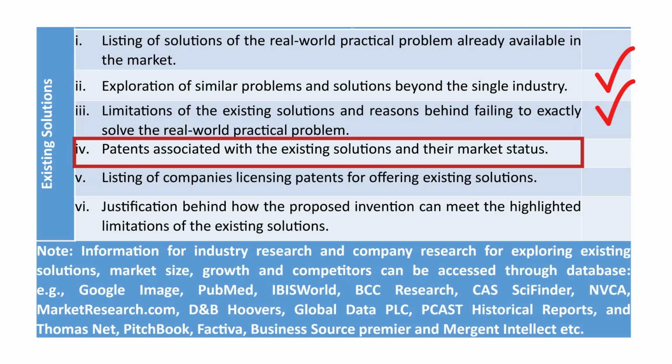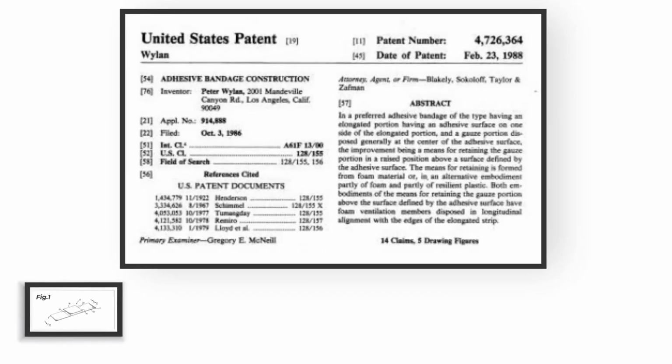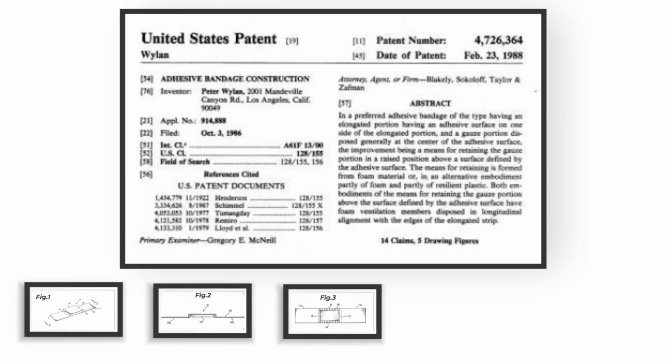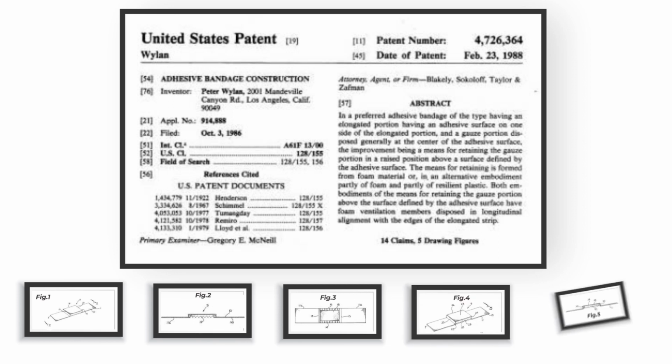Item number 4 of the LCI checklist 3 then talks about patents associated with the existing solutions and their market status. Well, let's again learn from these adhesive bandages. You can find several patents available at the website of USPTO or even EPO, that's the European Patent Office. So there are several patents that talk about the adhesive bandages. For example, there is one patent with the title of adhesive bandage construction, with the name of inventor Peter Weiland and with IPC A61F13/00.